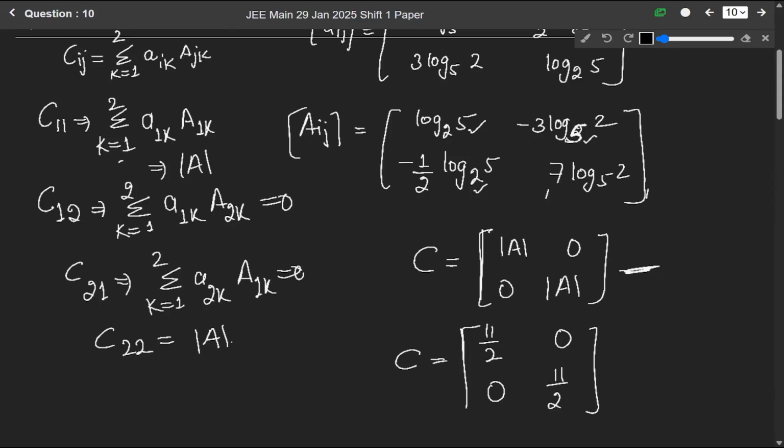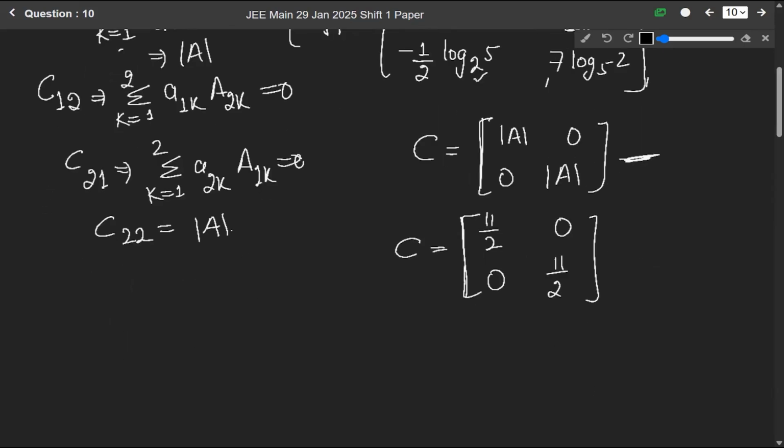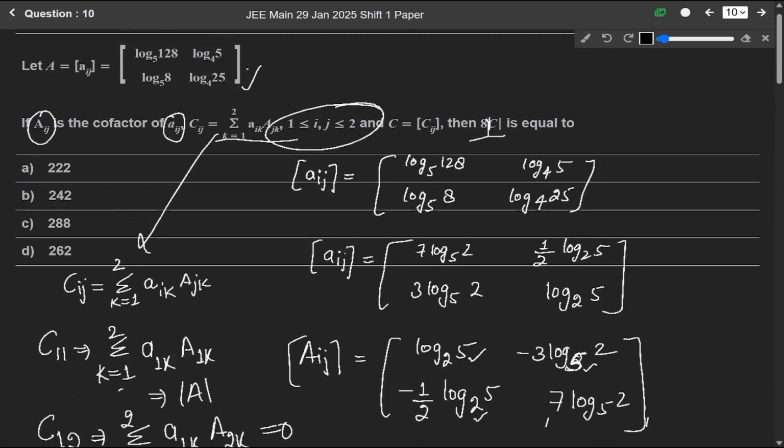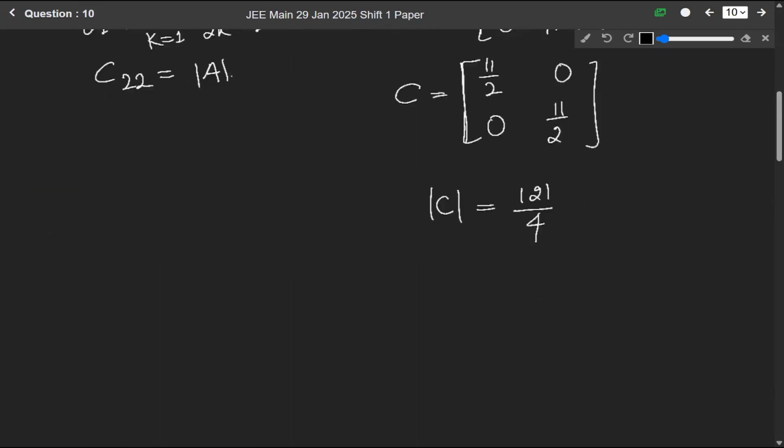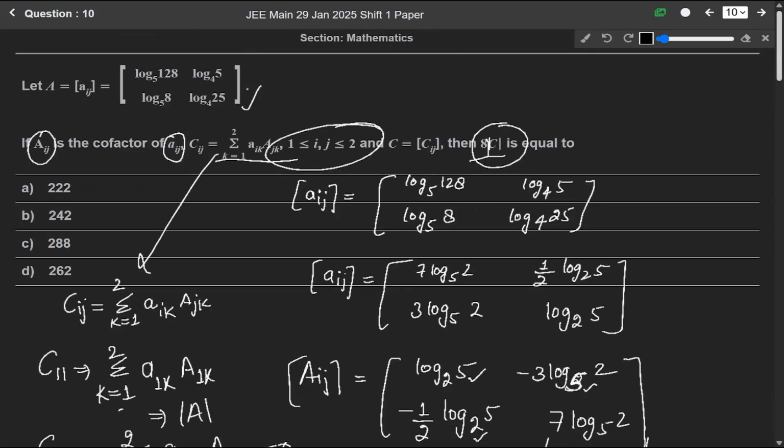So we get determinant of C as 121 by 4, and we have to find the value of 8 determinant of C. So 8 into 121 by 4: 4 twos are 8, so it will be 242. So 8 determinant of C will be 242, and our answer is option B.